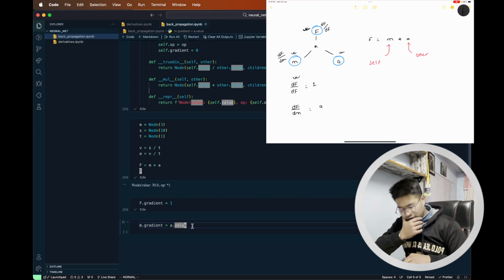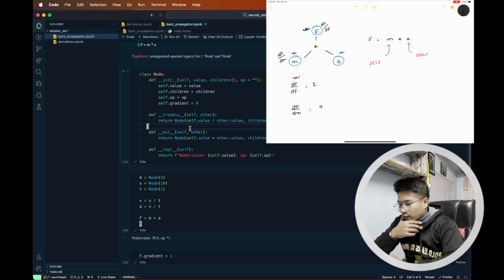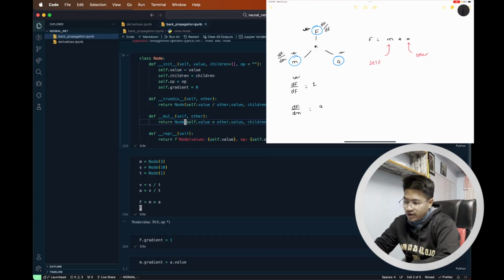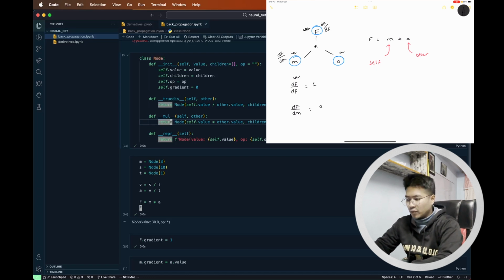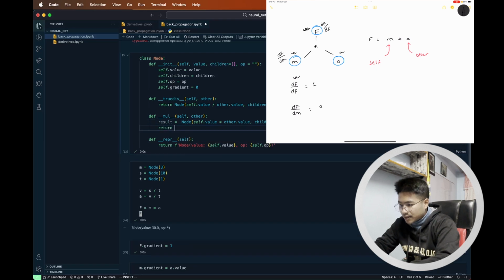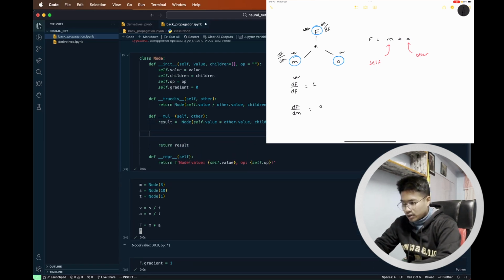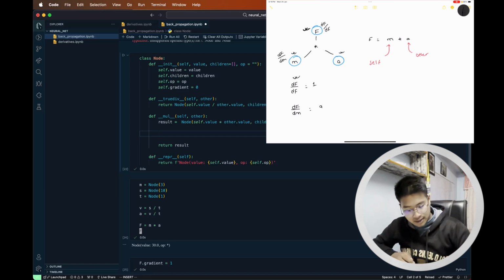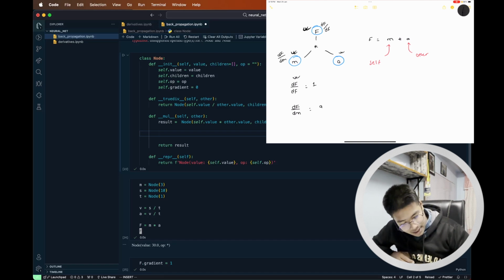What we are doing is a multiply, so when we create the node, let's say this is our result, and then we return that result. Whenever I do backpropagation for this node f, I want to look at its children and calculate the gradient for each child.